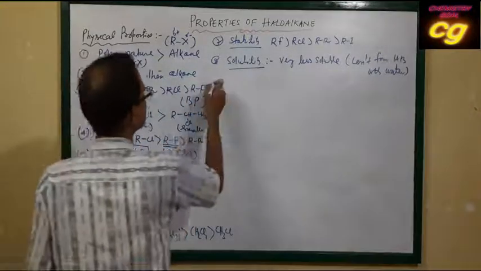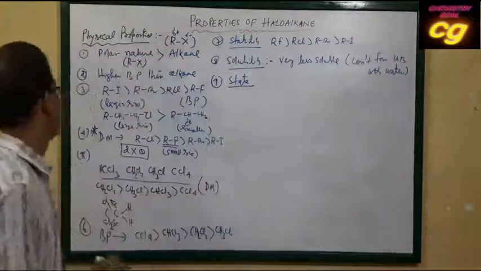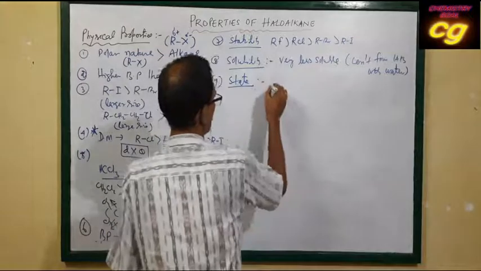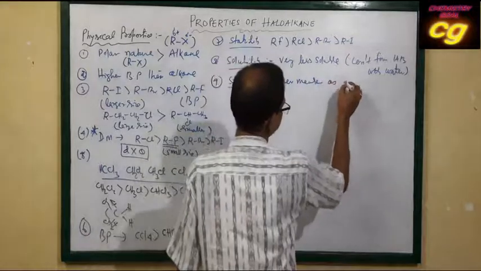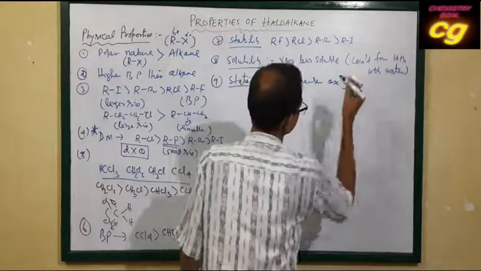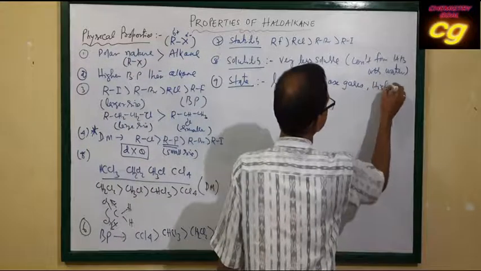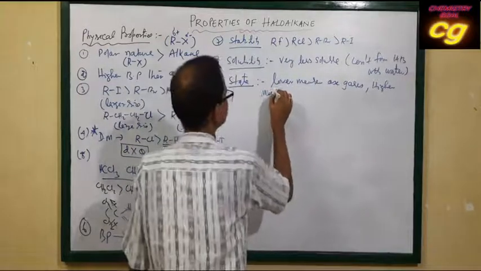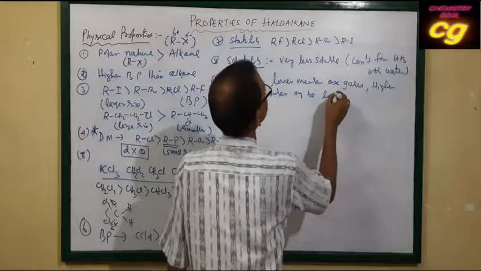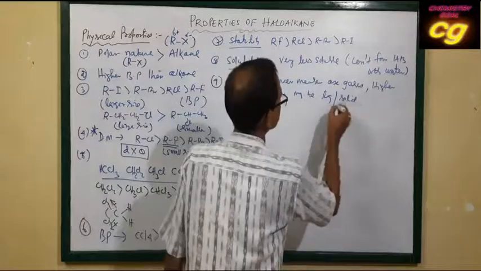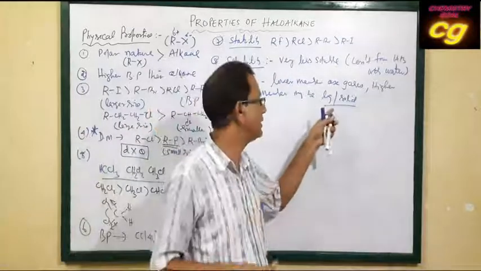Then another important thing that you write, physical state. If you discuss their physical state, the lower members are gases and higher members may be liquid or solid, depending upon the van der Waals force.